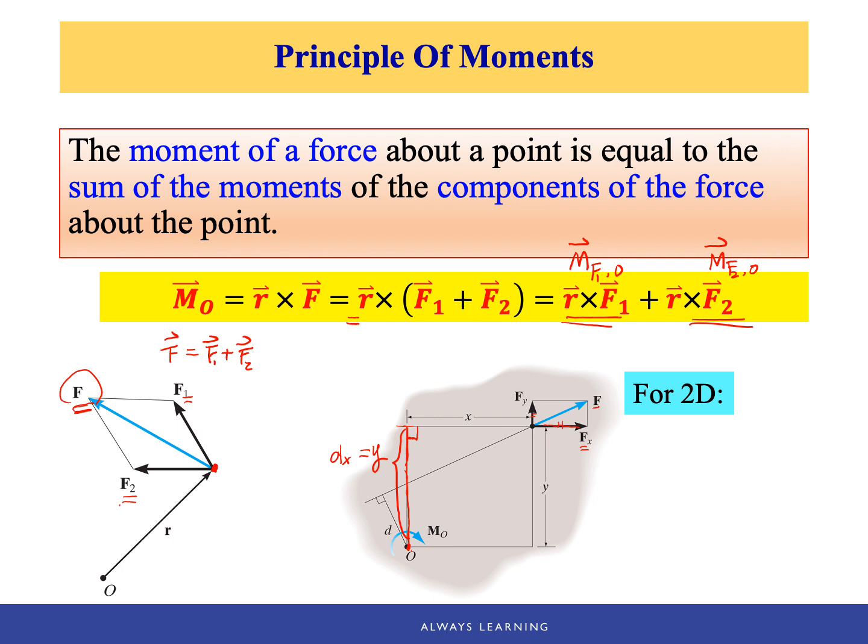And with our right-hand rule, this Fx will cause a clockwise rotation into this direction. For force Fy though, if we draw a perpendicular line from point O to the line of action of Fy, the moment arm of Fy is x.